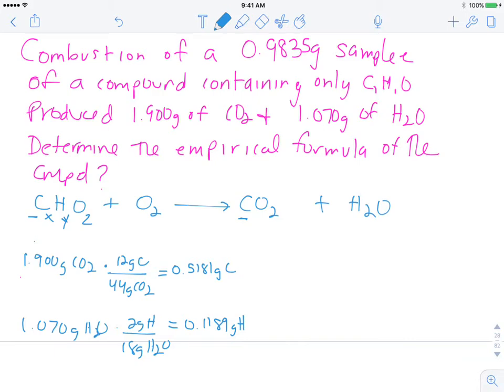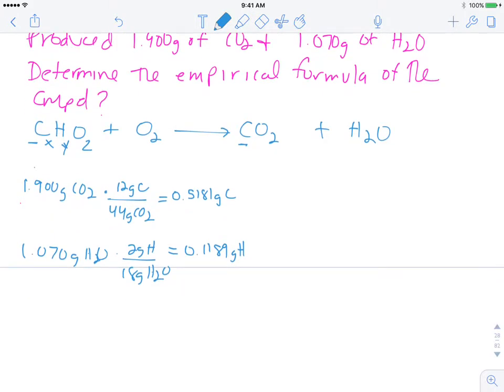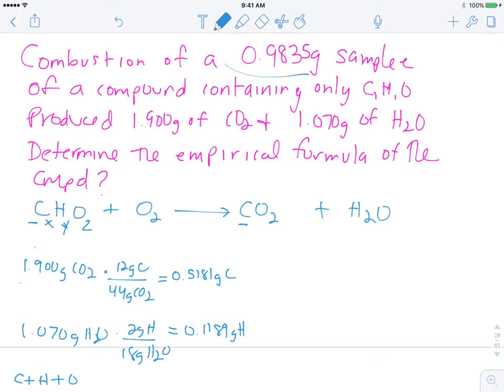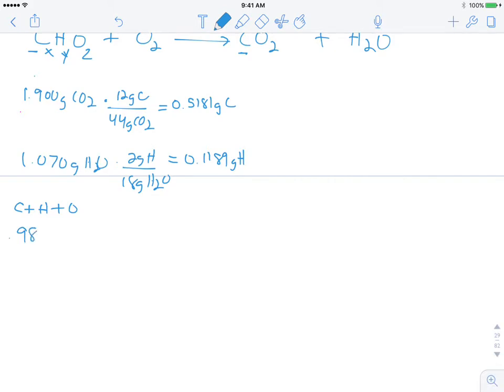Now, I used to go straight to moles, but the reason why I stop here is because I know that my compound contains C, H, and O. Well, the total compound, I'm told in the problem up top here, weighs 0.9835 grams. That's equal to the carbon, which is 0.5181 grams, plus the hydrogen, 0.1189 grams, plus the oxygen.